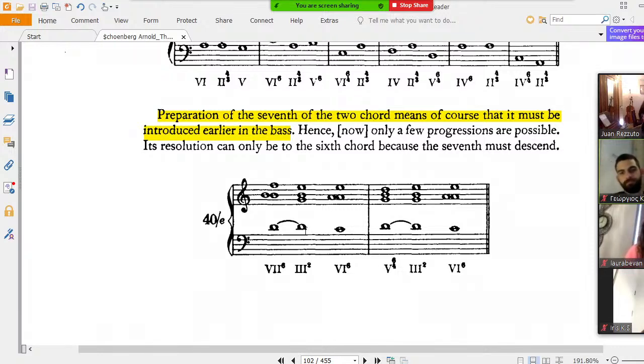If you know that this descends to the third of the chord, this is going to be the next chord. The third inversion of every seventh chord must resolve on a sixth chord, but it's just because of the movements of the voices. Don't take this as a new rule.